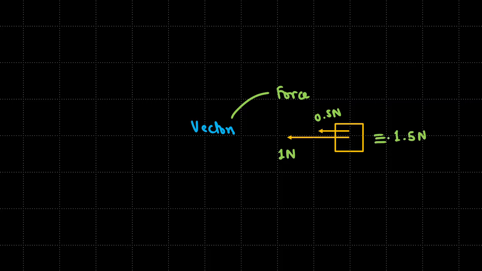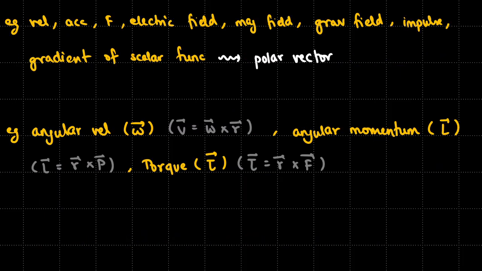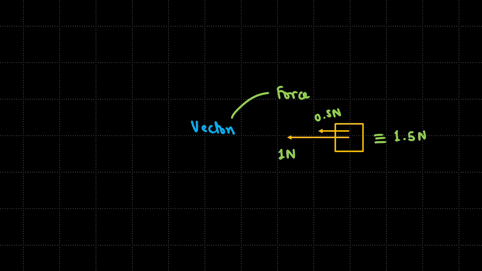But this still does not describe it completely, because if you remember about vectors, we said that it must have magnitude and direction, and we are also talking about vector addition. So you might be confused. Wait a minute, we will get to it. So 1.5 Newton, but where? Suppose this direction, so 1.5 Newton left.